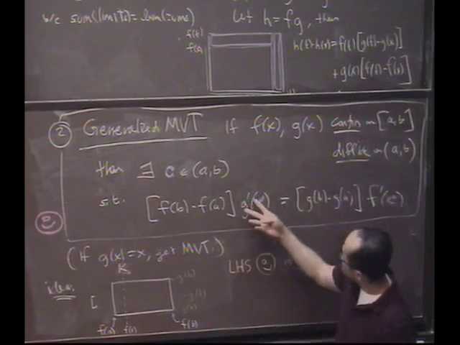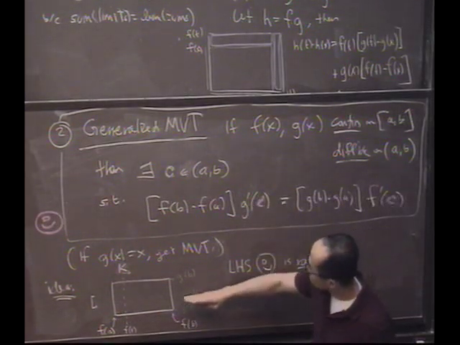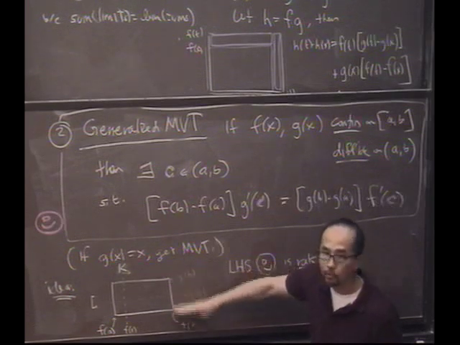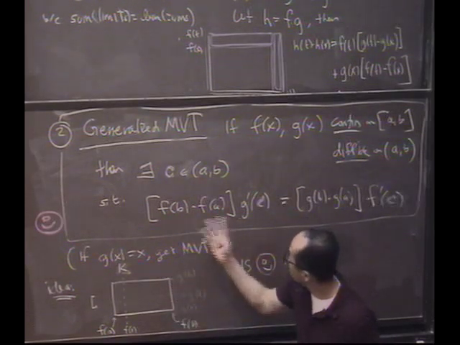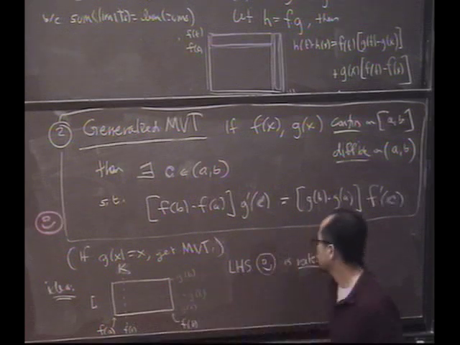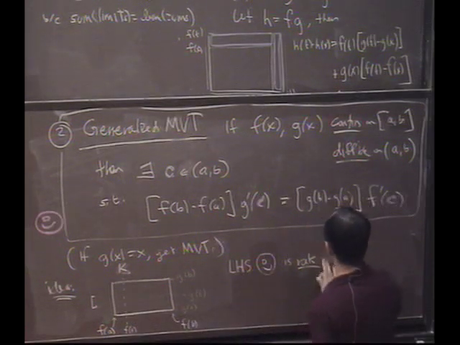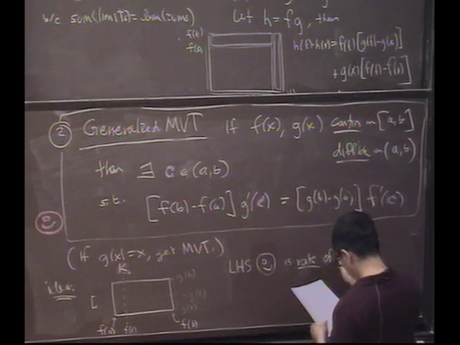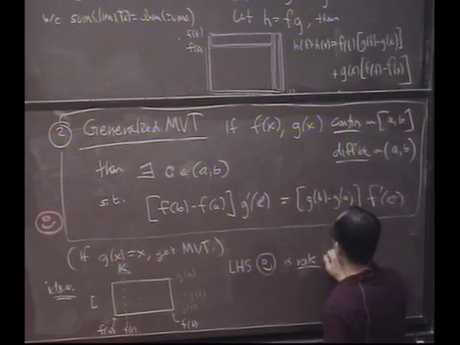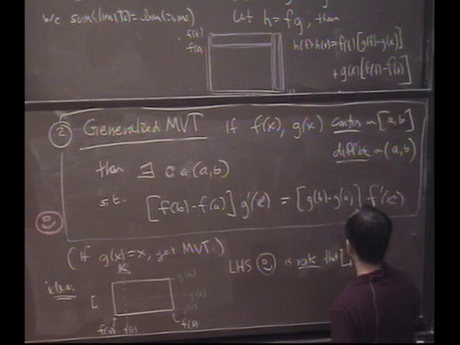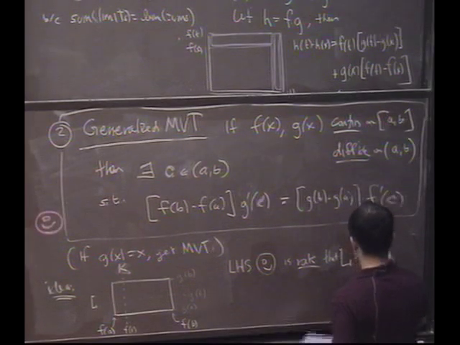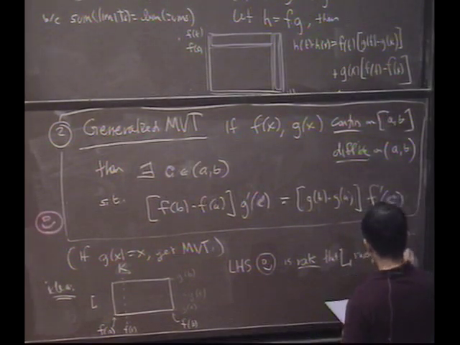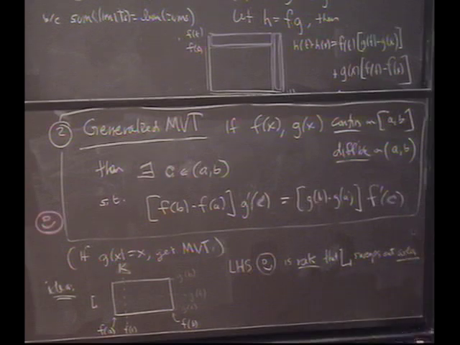Times g prime of c, which is the rate at which this knife is sweeping out length. So this product is the rate at which knife L sweeps out area of cake.